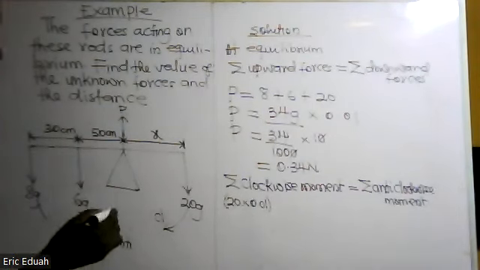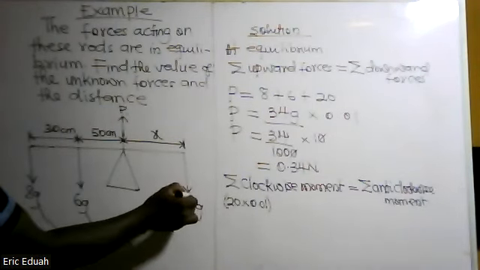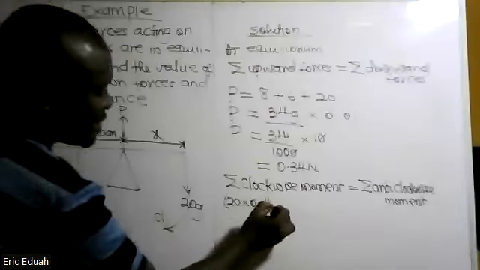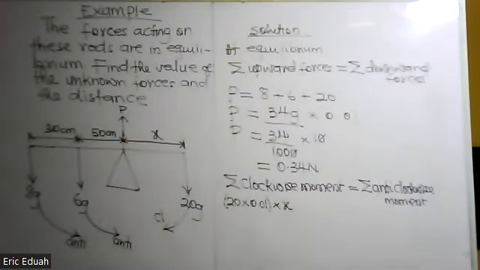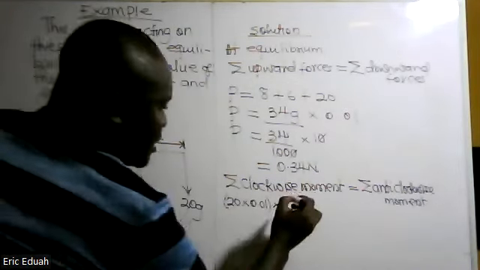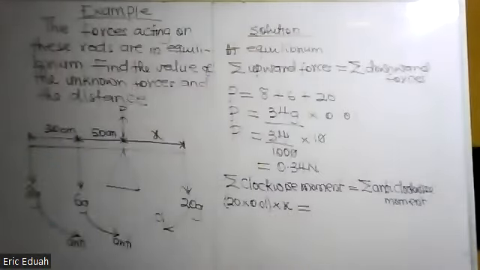What about the perpendicular distance? The perpendicular distance the force makes with the pivot is x, so times x. So that will be the clockwise moment. It should be equal to the sum of the anti-clockwise moment.